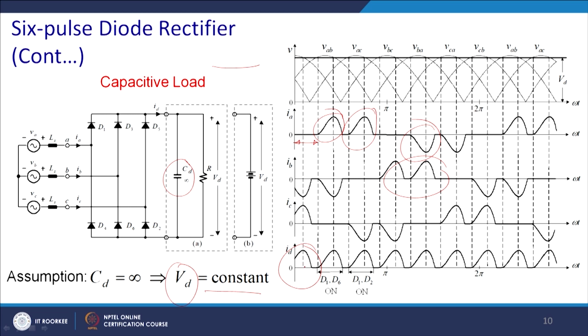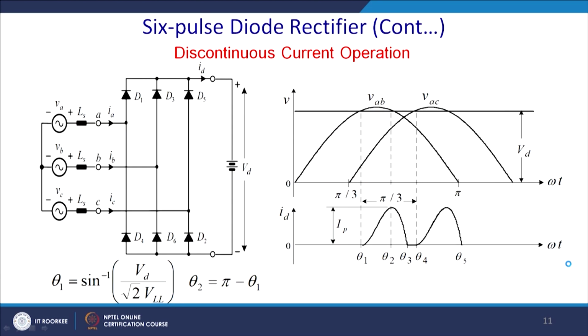So, this will be the diode current ID, and that will be like this, where D1, D6 conduct, D1, D2 conduct, and so on. Now, how will you calculate the conduction angle? So, sin theta 1 will be VDC by root of VLL, where it is theta minus pi, because you cross over here, then D1 will be forward biased and current will flow.